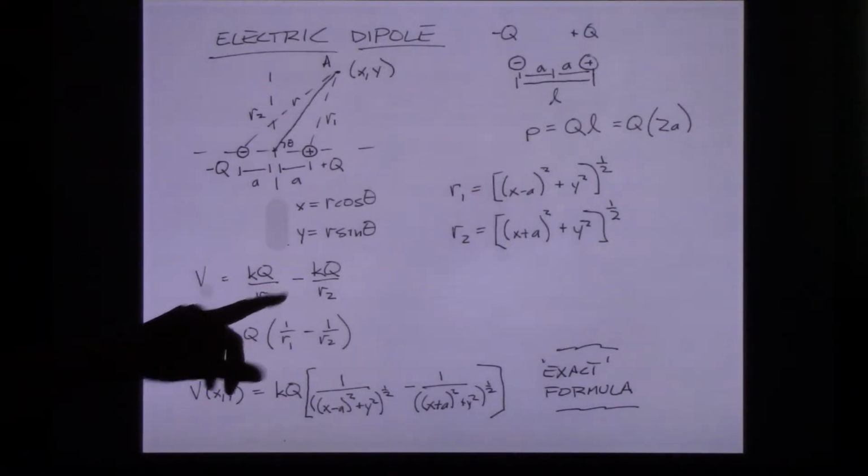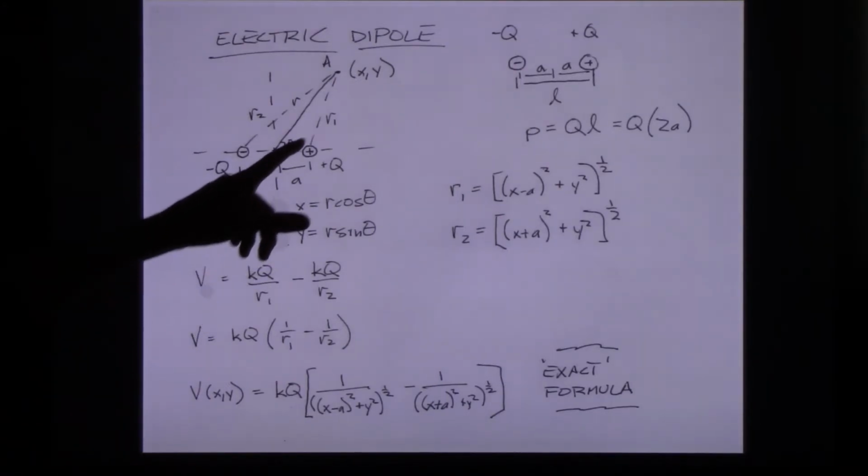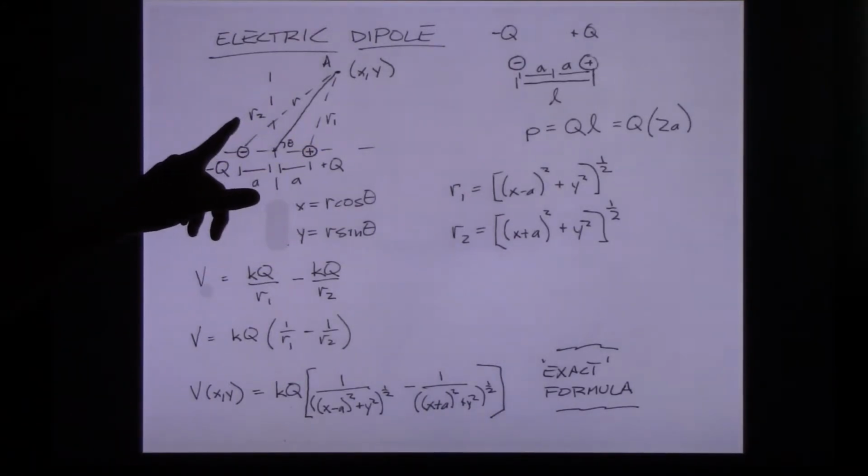There's a negative sign here, and that means that the charges will offset. Since one charge is positive and one is negative, their potentials will be positive and negative, and there'll be some cancellation. Now, the cancellation won't be perfect for a dipole because in general, R1 and R2 are not the same distance.